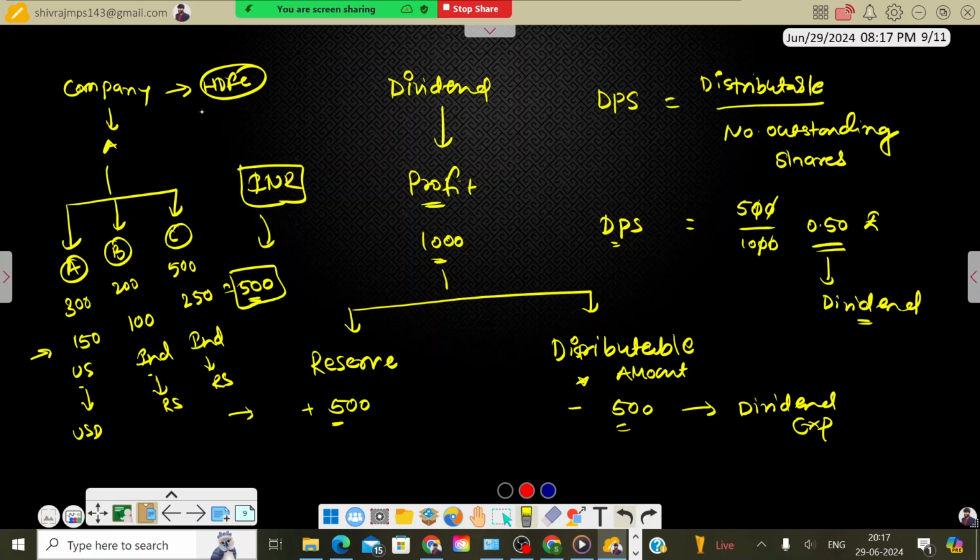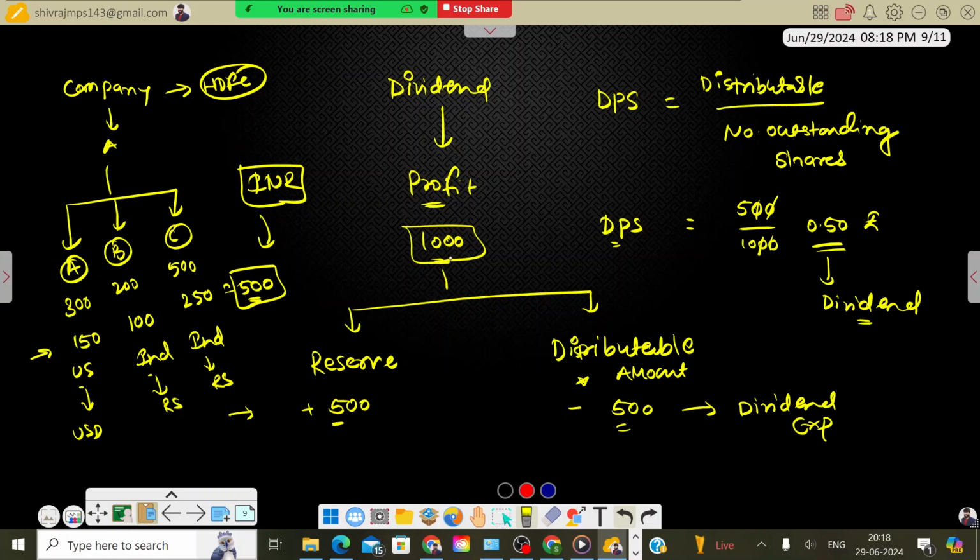So that is how we calculate dividend per share. Any questions around how we calculate DPS? DPS is nothing but dividend per share. Sometimes you would also see earning per share, EPS, which you calculate on the basis of total profit, meaning how much profit the company earned.